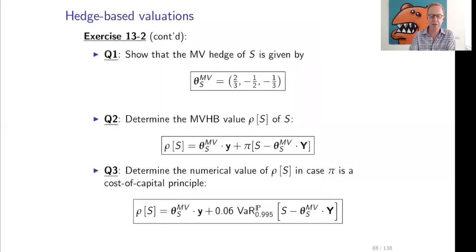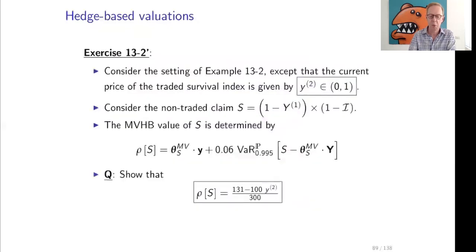So we answered all the questions in case our index is traded at a given price. But let us now go to an exercise which we will call 13.2 prime, where we assume that the index is traded at a value y2.